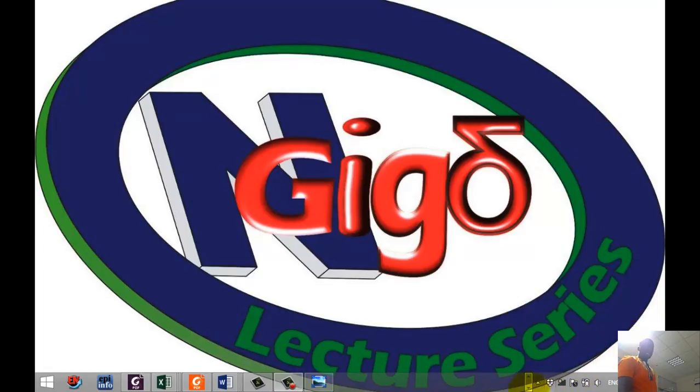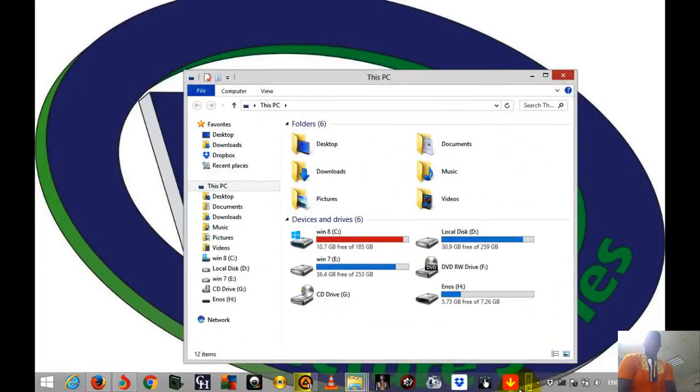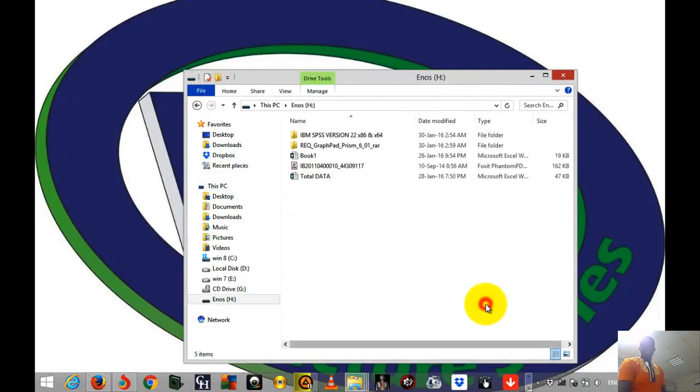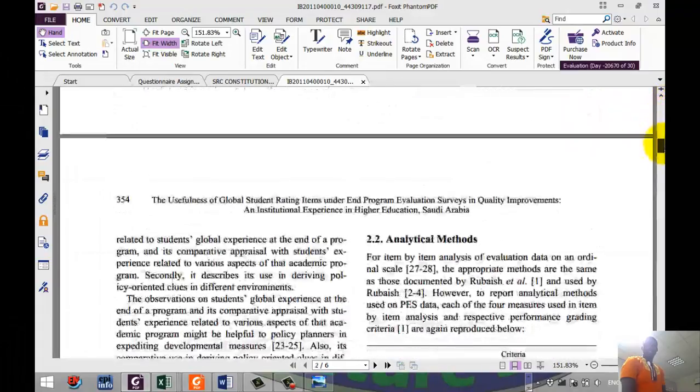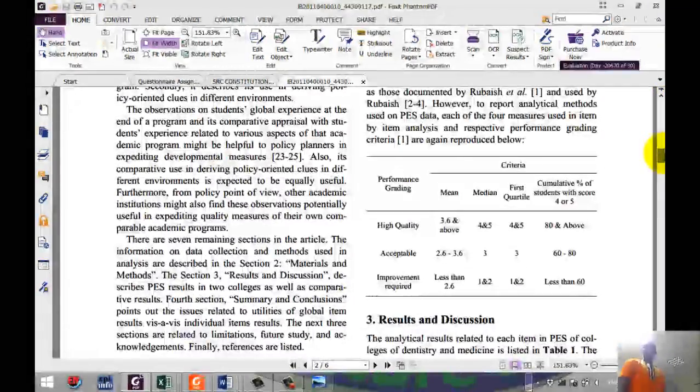From the paper we had yesterday, you could see that there were more than 4 different ways that we could analyze Likert scales. And we've already established that the mean method could be very misleading.